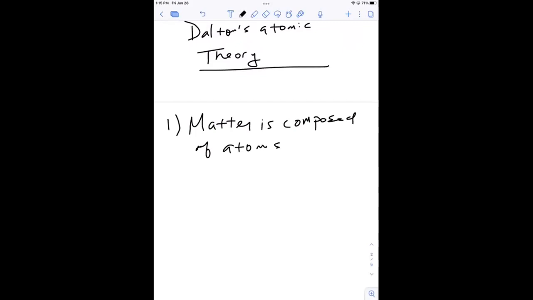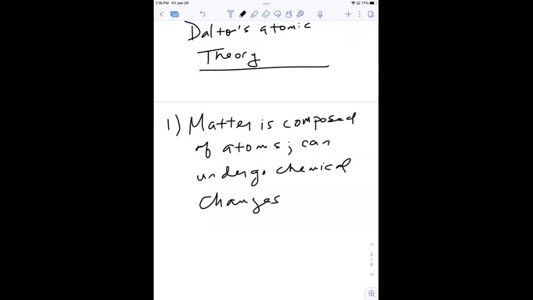Right, matter is composed of atoms. And you know that an atom is the smallest part of an element. And the atoms that matter is composed of can undergo chemical changes. So matter is made up of atoms, and those atoms can undergo chemical changes.